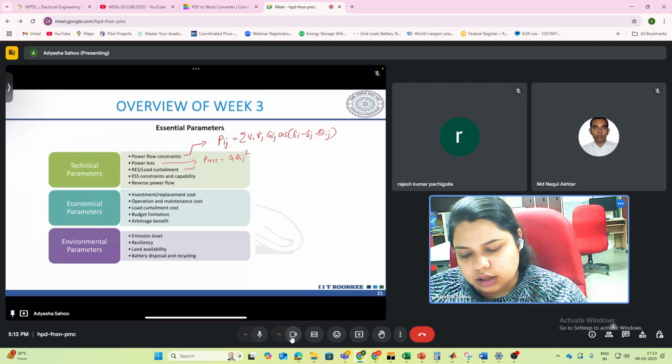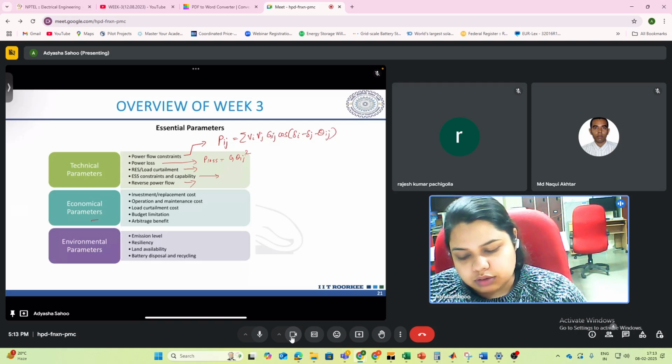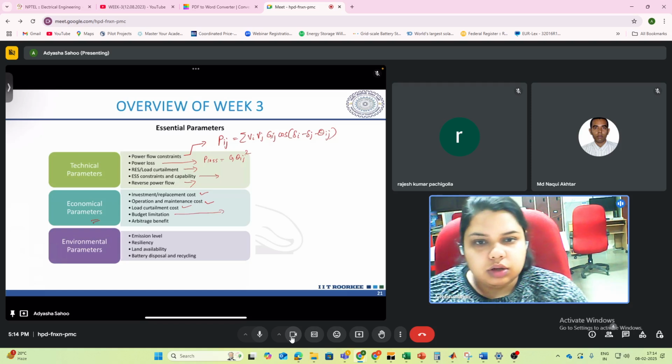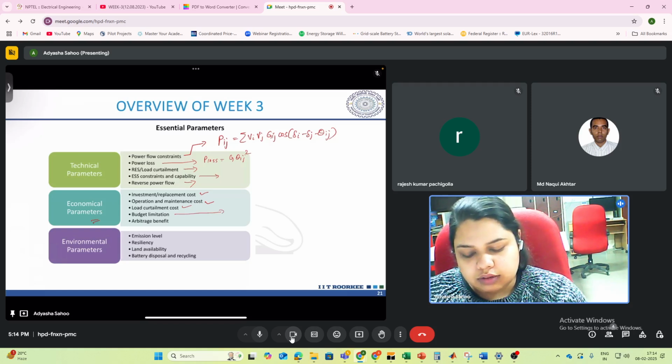Then curtailment constraints, energy storage constraints, capability constraints, and reverse power flow constraints. Similarly, from an economic point of view, the investment constraint, the operation and maintenance cost, load curtailment cost, and budget limitation cost. Because let's say you have $500 with you, and you want the installation cost to be less than your budget.